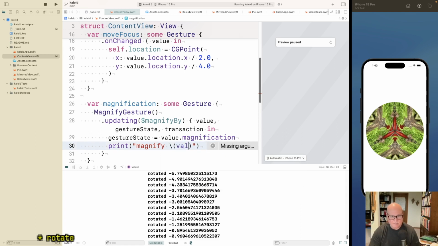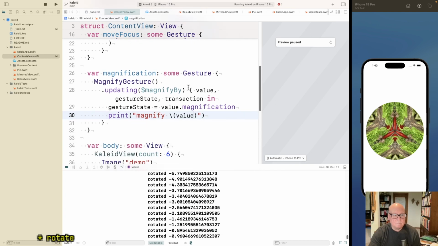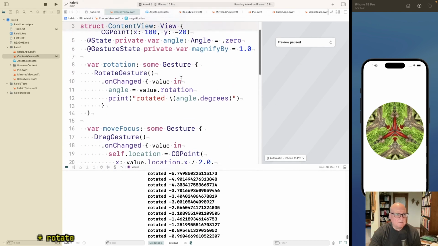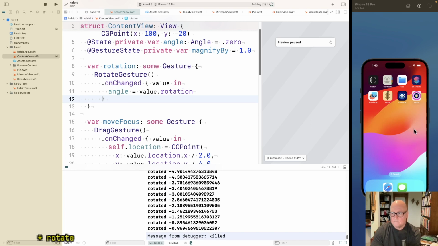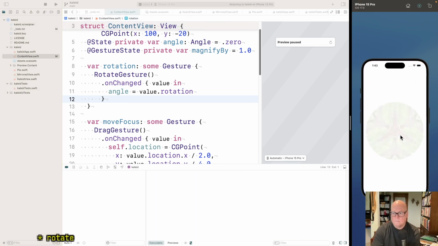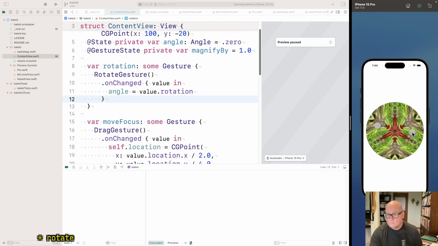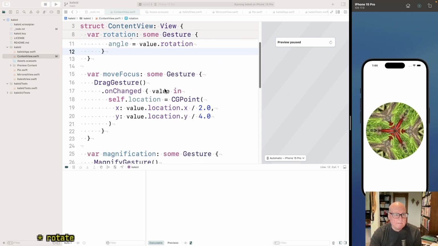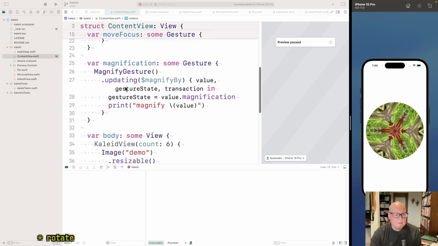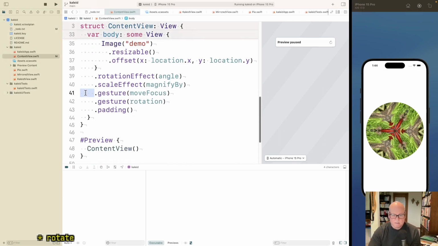Well, let's just print value. And I'm going to turn this one off. I wonder if they conflict.